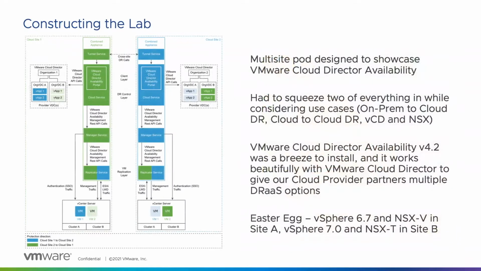All right, so constructing the lab. The picture on the left is something I swiped from the documentation, and it's really showing the lab use case of deploying it out. One of the neat things with Cloud Director Availability is that you can deploy the appliance in a consolidated fashion, so all the moving parts are in a single appliance.